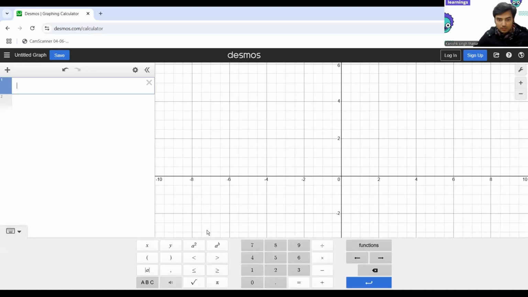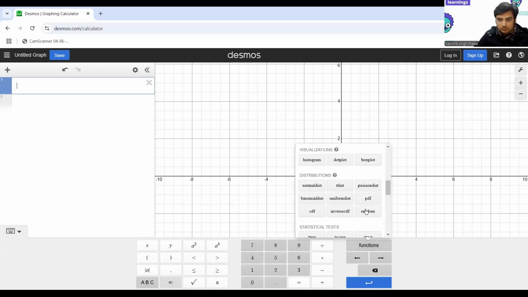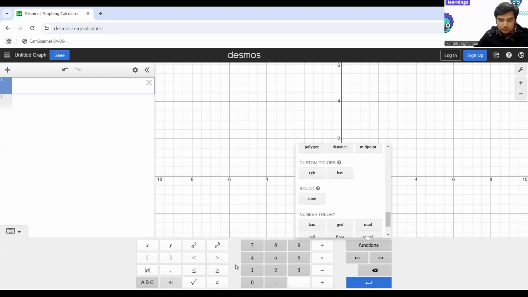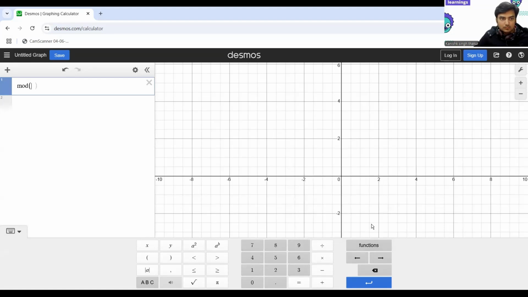First of all, I'll put a mod here. 2x minus 3. Mod of 2x minus 3 is lesser than equal to 7.